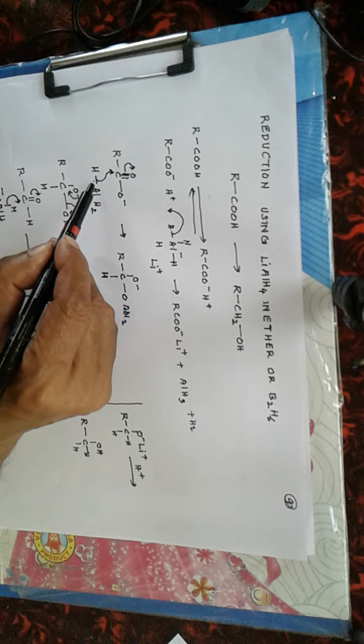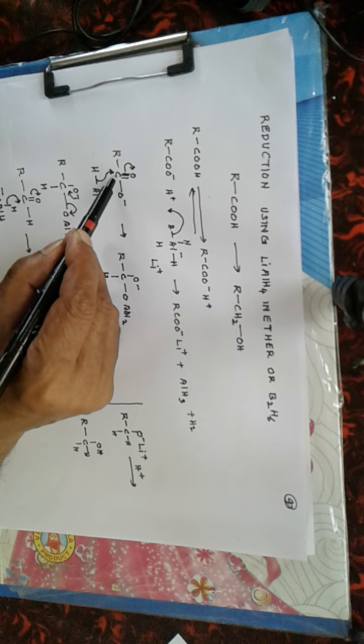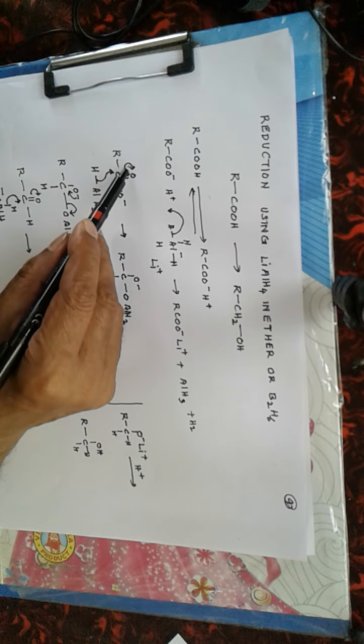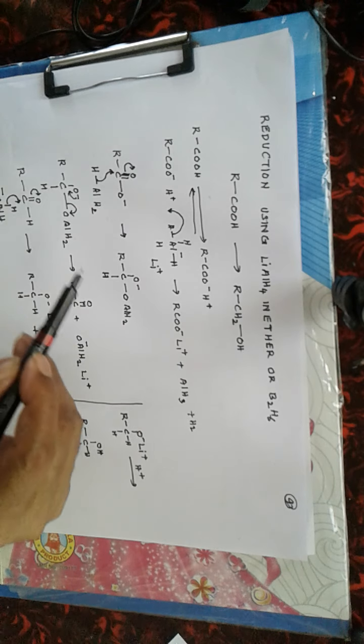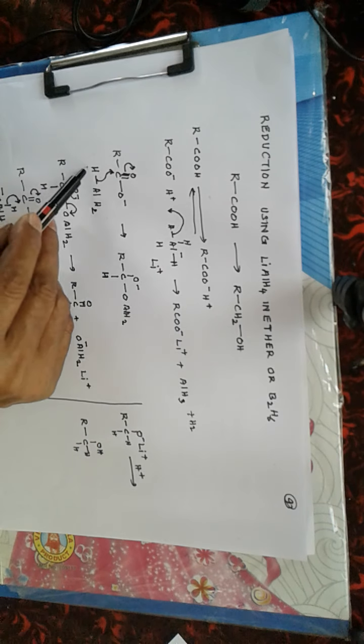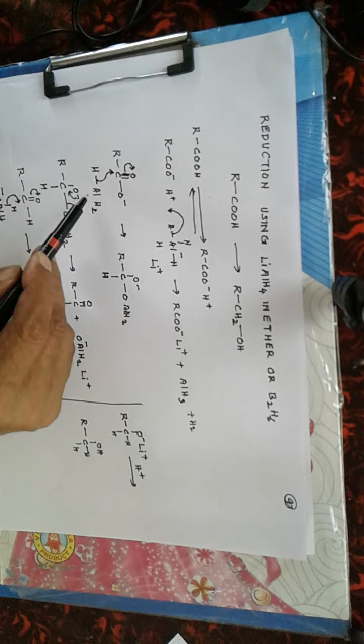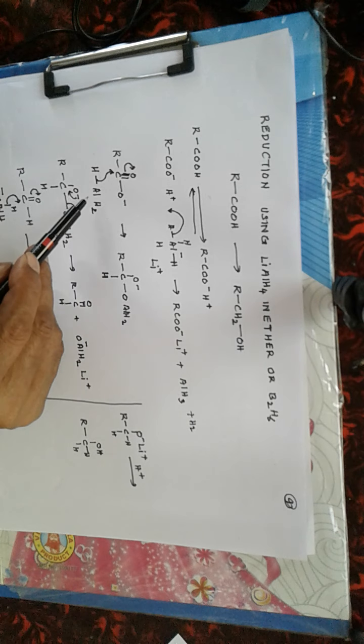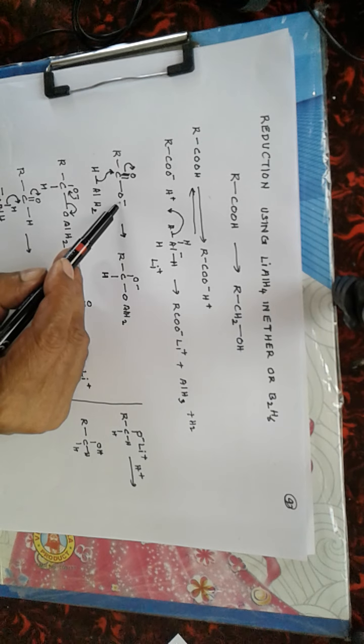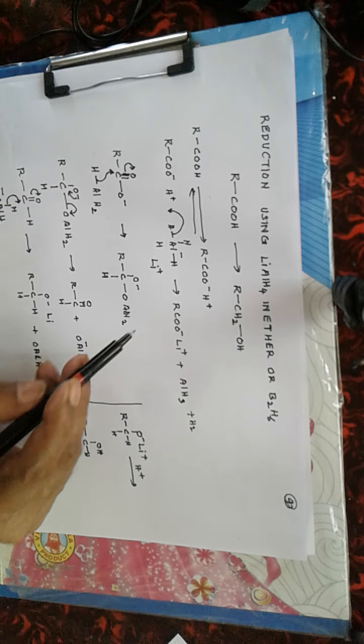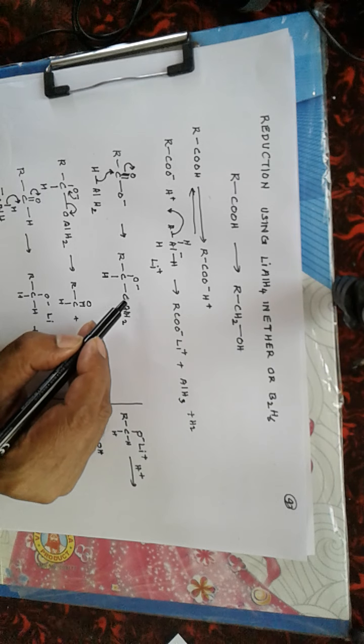Now another hydride will get connected to the carbon with simultaneous polarization and ionization. Here we get RCH, O negative, AlH2, and this AlH2 will get connected to O negative, so that we get the OAlH2 part.